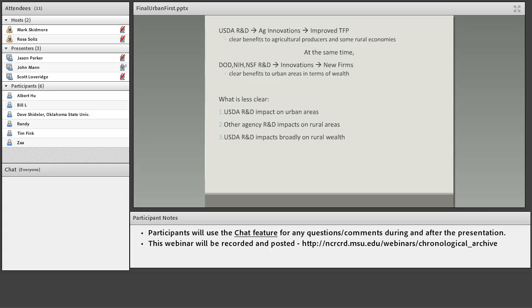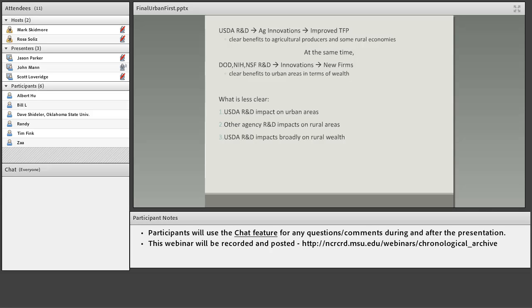But what's less clear is the effect of USDA R&D on, say, urban areas, maybe other agency-managed R&D impacts on rural areas, and then, of course, our primary interest, and that is USDA R&D impacts more broadly on rural wealth.